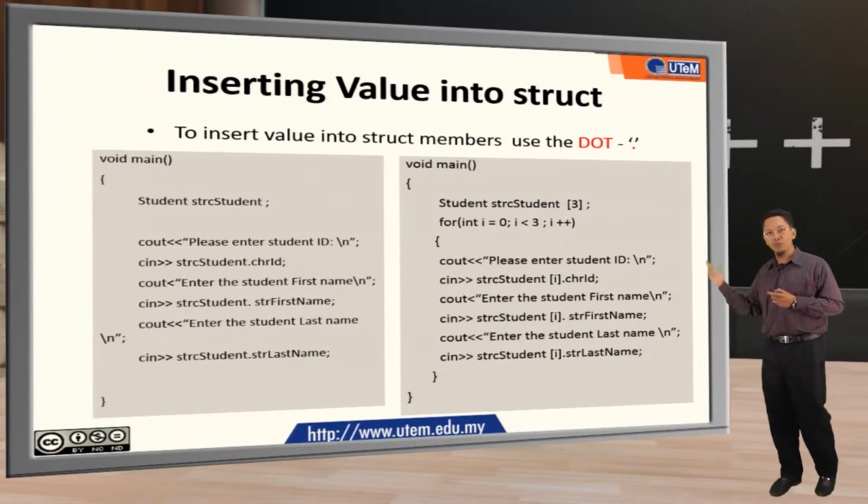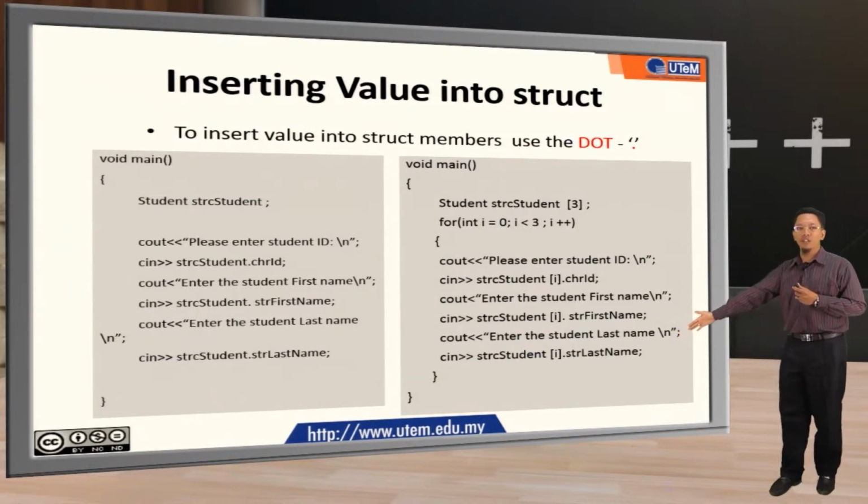So if I want to insert the gender, I have to define another struct student followed by square bracket the index, only then the dot and the name of the member, which is the gender.